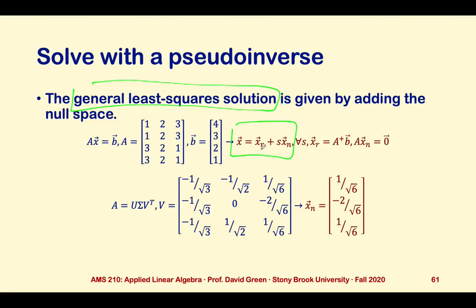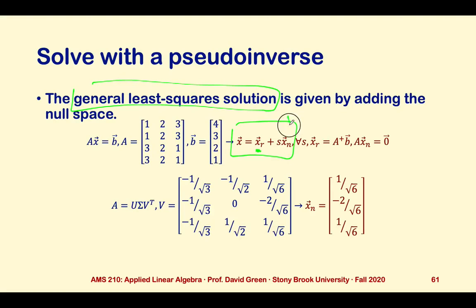Our general solution is that answer we just got, the best least squares solution from the row space, plus any possible scalar multiple of a null space vector, A X_N equals 0. These will all give us an equally good solution. They will all give us the same solution of 3 halves, 3 halves, 1 half, 1 half.